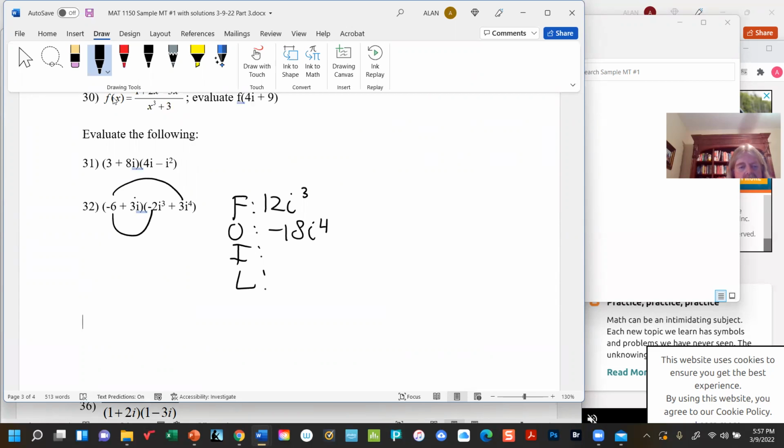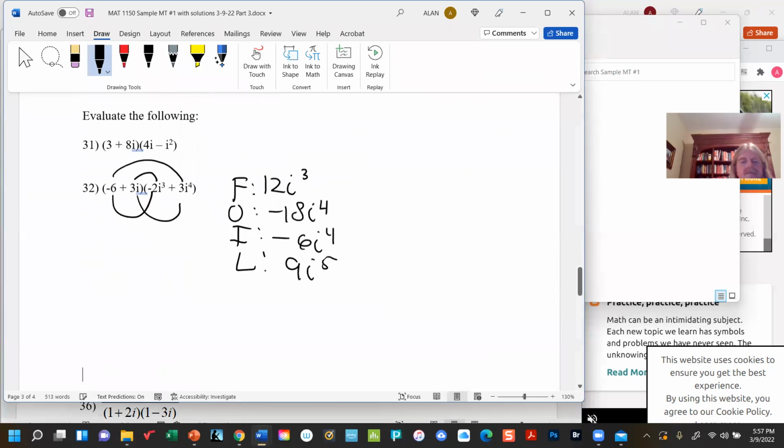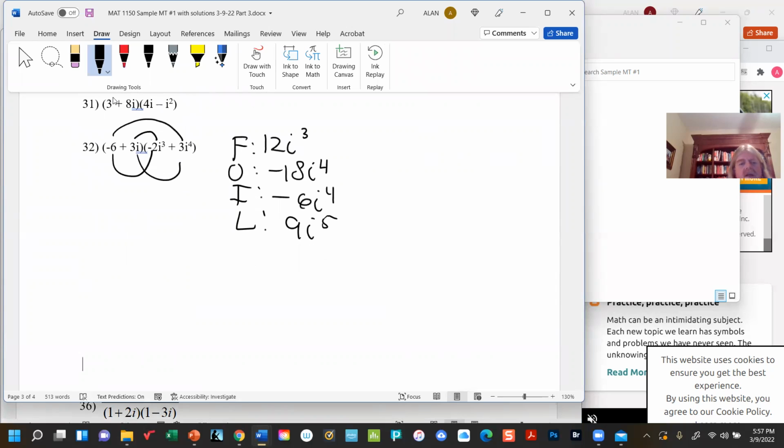Inner is these two, minus 6i to the fourth. And then last would be 9i to the fifth. So first I'll consolidate them.